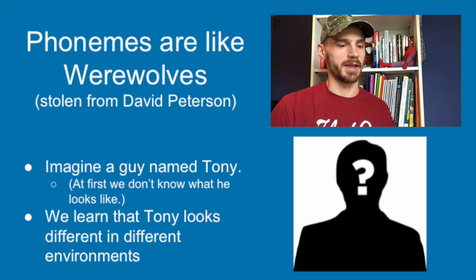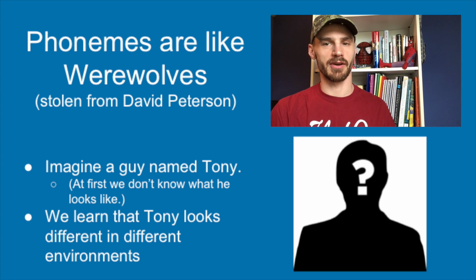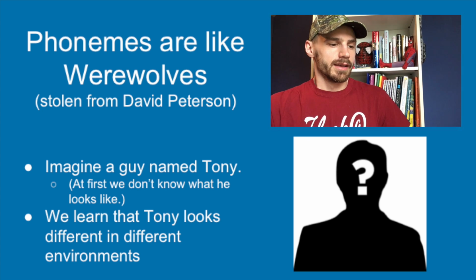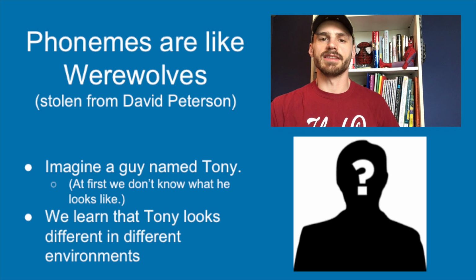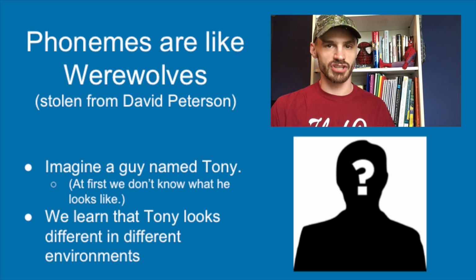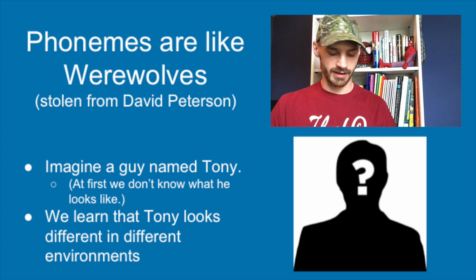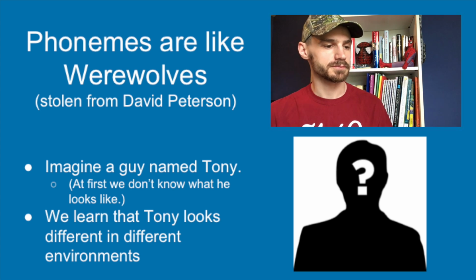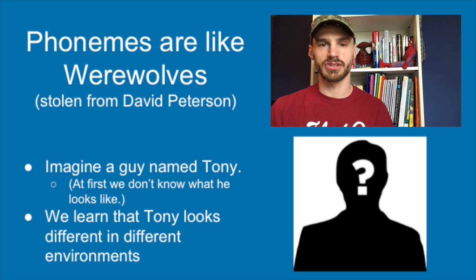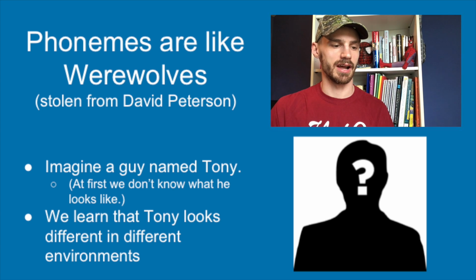So I'm stealing this from him, and in his book, in the chapter about allophony, he tells you to imagine a guy named Tony, and this is a picture of Tony down here below me, and we don't know what Tony looks like at first.